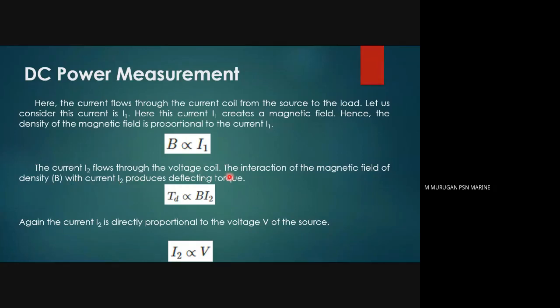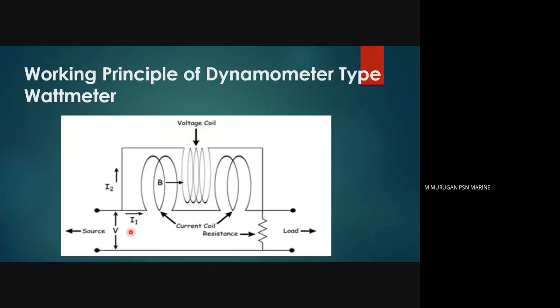That's all. By means of I1, the flux density is produced, and by means of I2, some flux is produced in the voltage coil. These two fluxes interact and produce a deflecting force on the device.